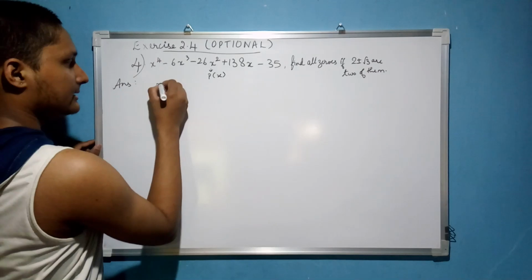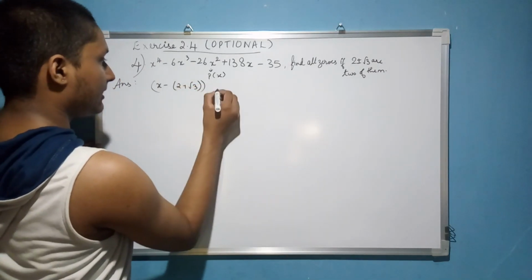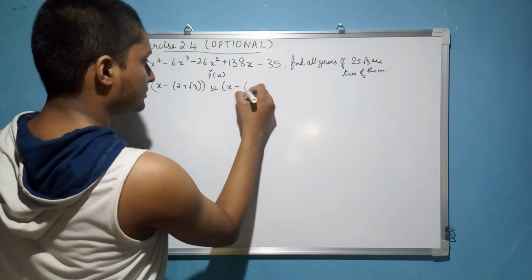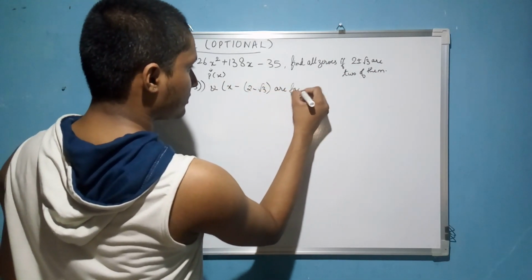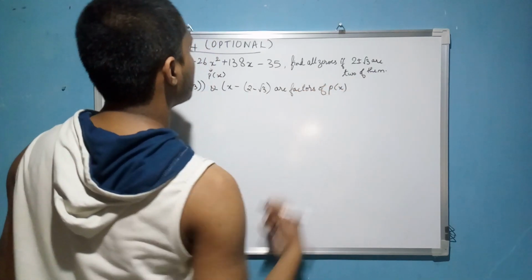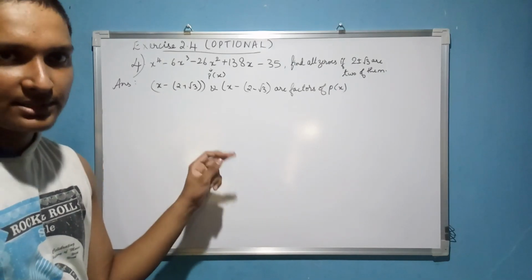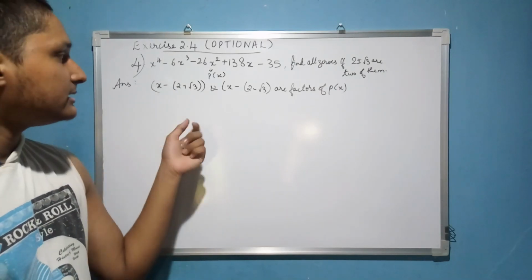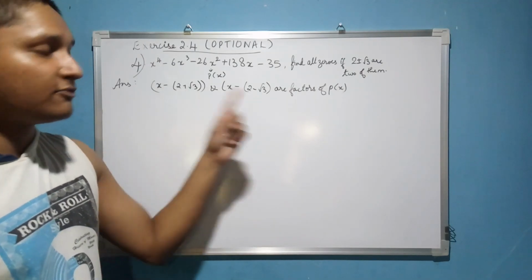So I can tell that x minus of 2 plus root 3 and x minus of 2 minus root 3 are the factors of p of x. Or in other words, since these two are two different numbers, I can tell that their product is also a factor of p of x.